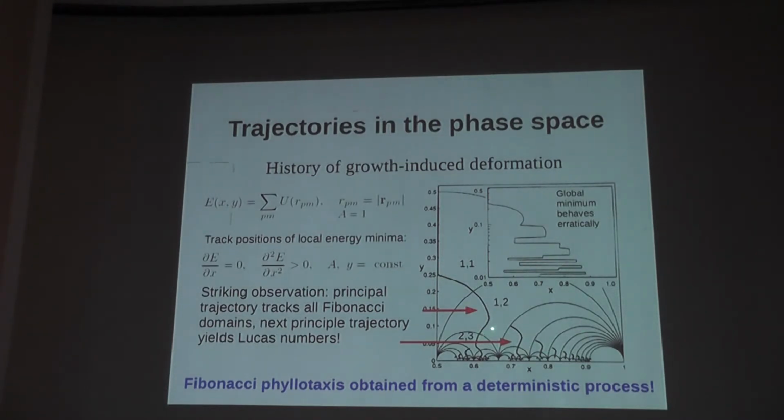To get the right behavior, you don't want to minimize energy globally. All you want is to track a local minimum that appears first here, and then just follow it by continuity, and you are done. You don't care about minima which are far away that may be more energetically favorable, but they're too far to be reachable.